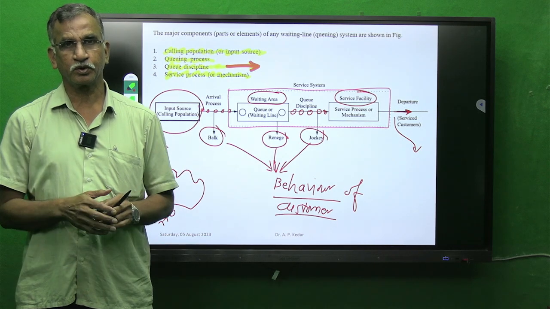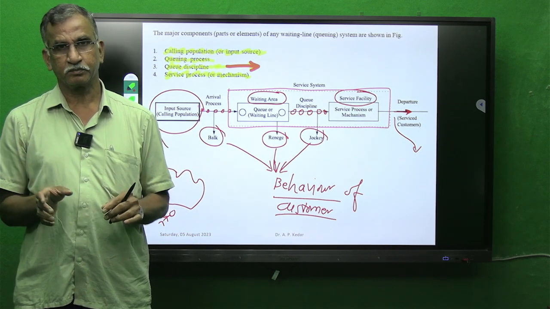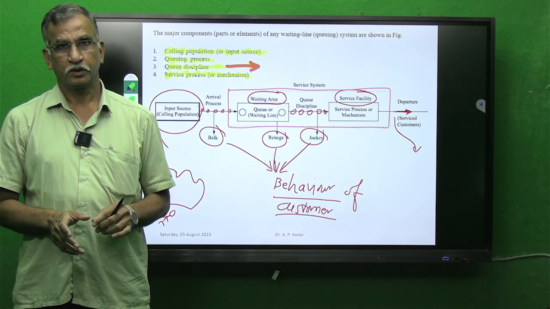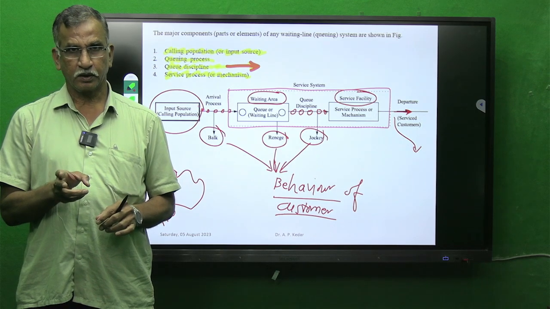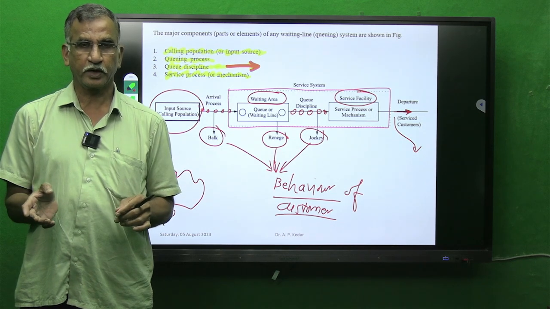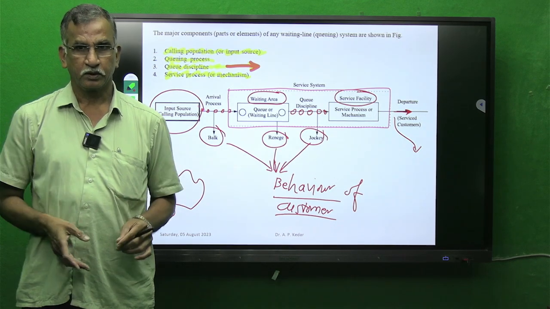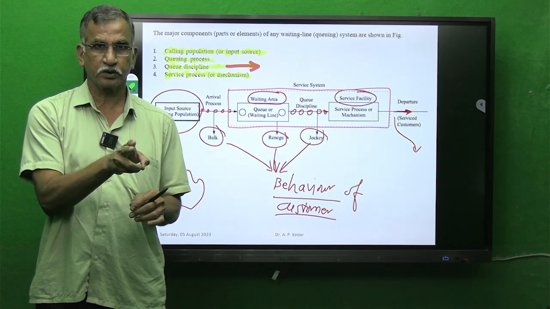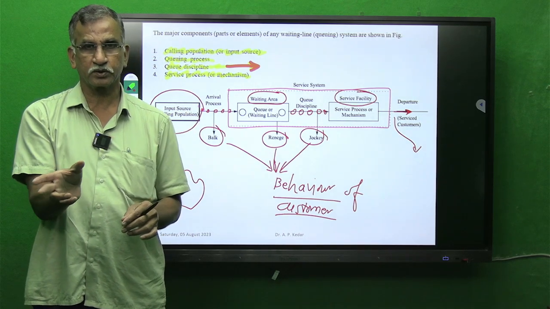Lot of hodgepodge is going on, and there are some persons in the queue who shift the queue as and when they feel, jumping from one queue to another, to a third, to the first, like that.